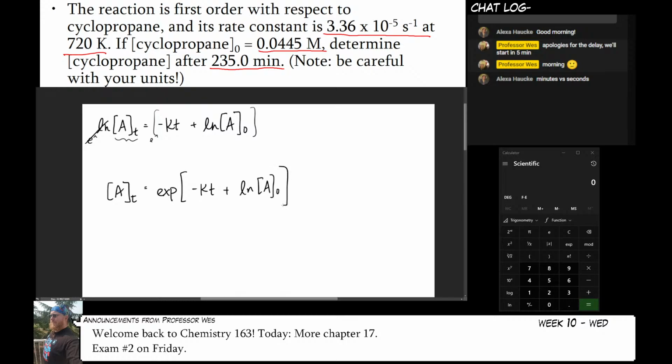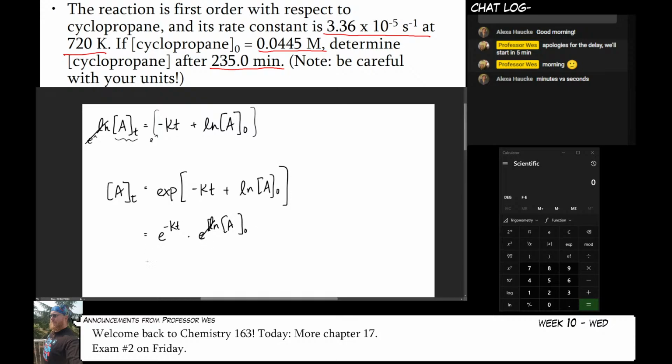Now, you can rewrite this if you really wanted to, because if I have exp of something plus something, that's the same as writing e to the minus kt times e to the natural log of how much I start with. I gotta put this outside.